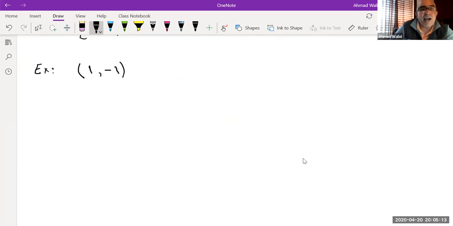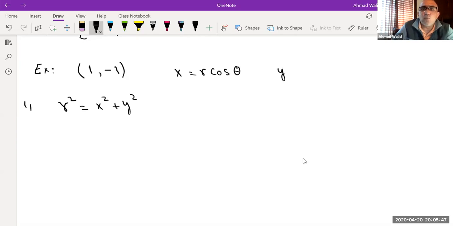Now, I have r squared equals x squared plus y squared. Step 1. First, find the value of r. You see, I have r squared equals x squared plus y squared. On the other side, you have x equals r cosine theta and y equals r sine theta.